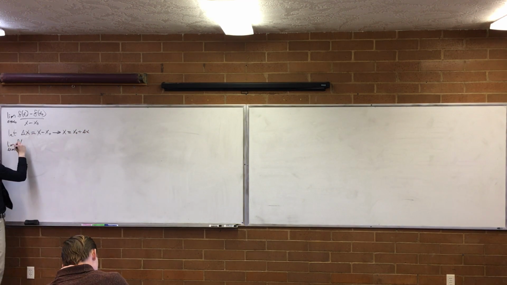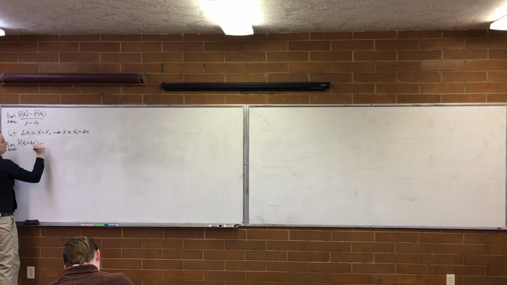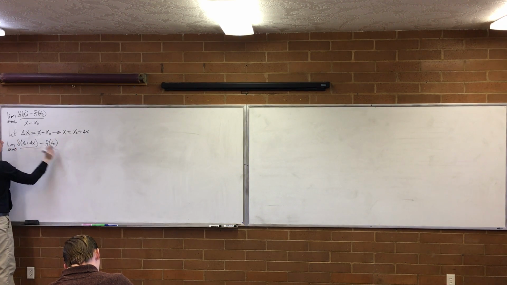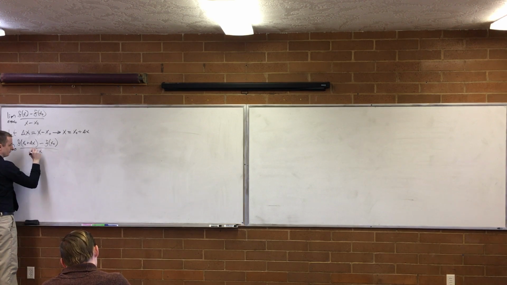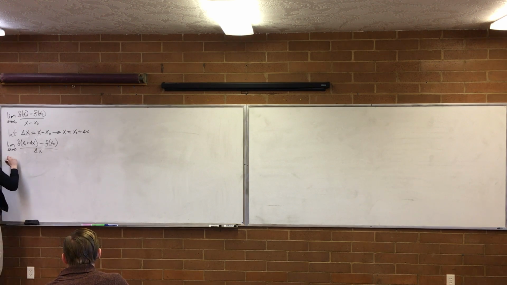So that's the limit as delta x goes to 0 of f of x naught plus delta x minus f of x naught, all over delta x, since x minus x naught is delta x. So this is how this book defines the derivative at x naught. Now they don't say the derivative at x naught, they say the derivative at x.